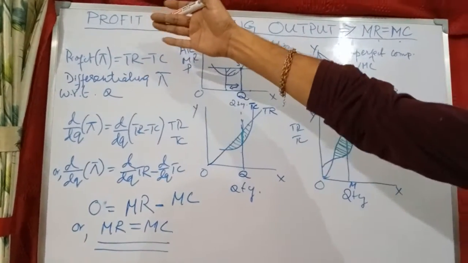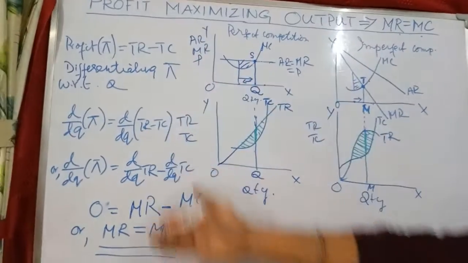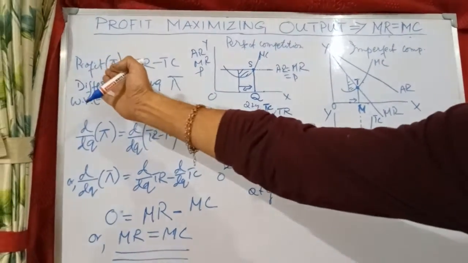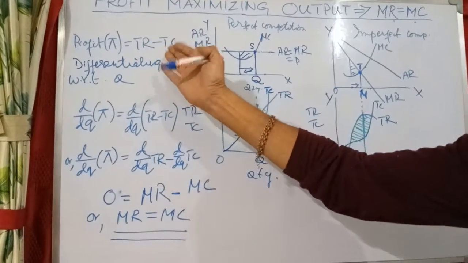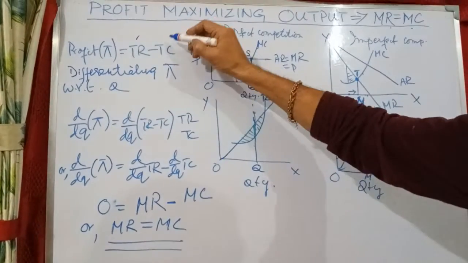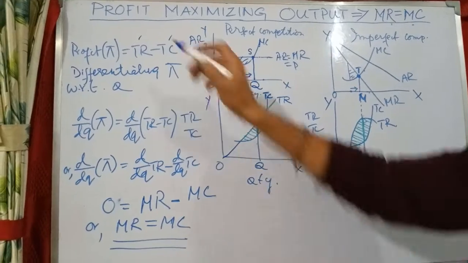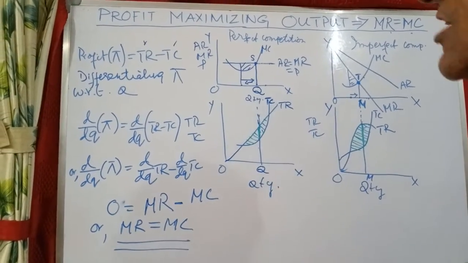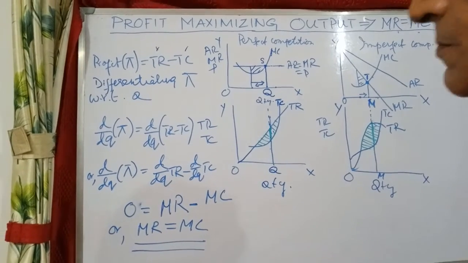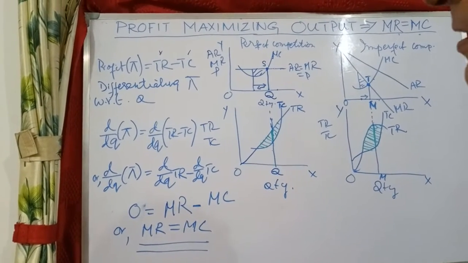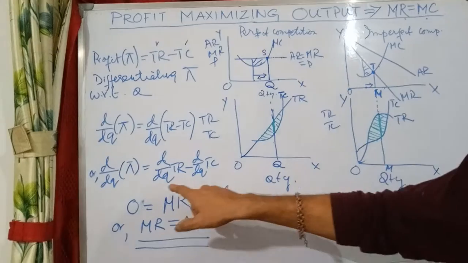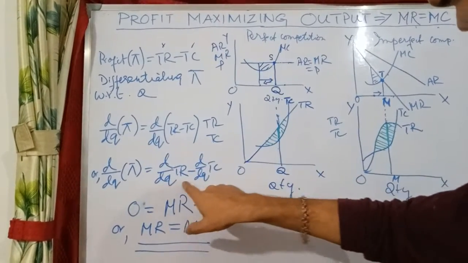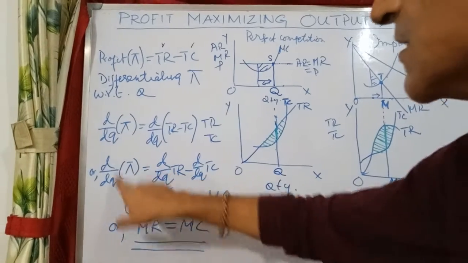Now in this part we have seen how, using calculus, the same thing can be derived. Profit is pi, which is equal to TR minus TC. TR is the total revenue curve, TC is the total cost curve. So if we differentiate pi with respect to Q and set it equal to 0, we get d/dQ TR minus d/dQ TC equal to 0.